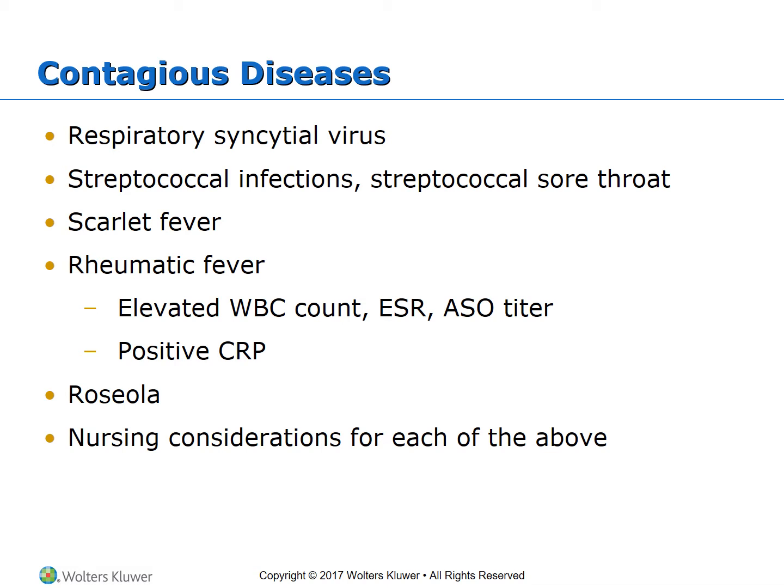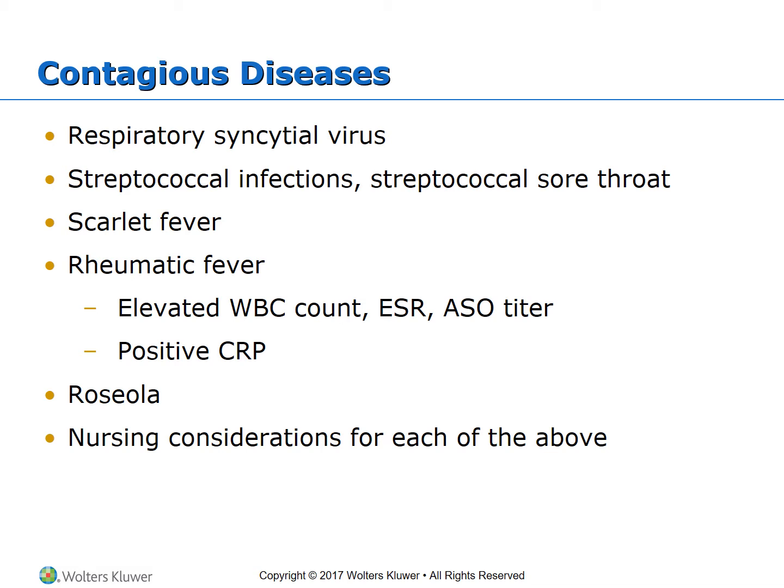Scarlet fever, also referred to as scarlatina, is another type of strep infection. Symptoms develop after an incubation period of 1 to 7 days. They include a generalized flush or redness caused by a sandpaper-like rash of pinpoint red spots.